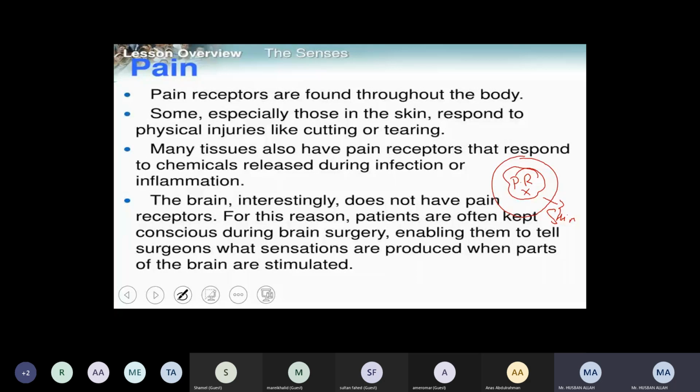In that condition, if you are going to do a hard brain surgery, we give anesthesia drugs. Why? Because we have to cut first the skin, then the skull, and then reach the brain. So that is the reason surgeons give anesthetic drugs when they are doing brain surgery.